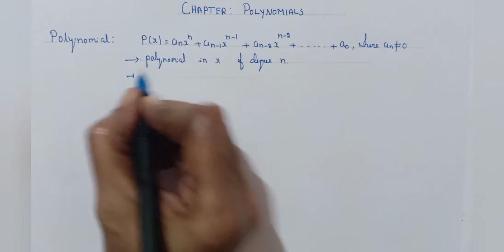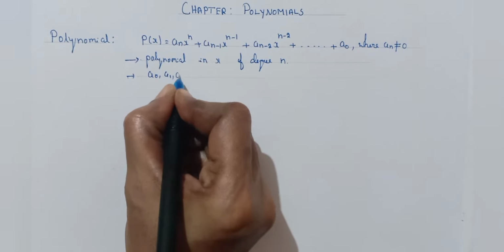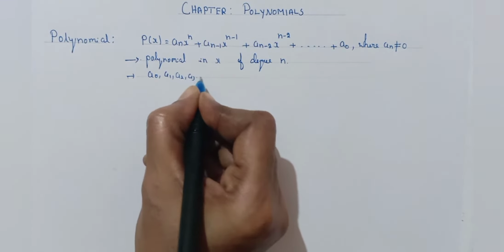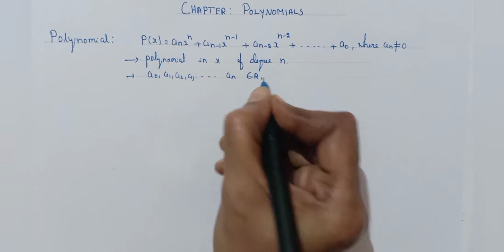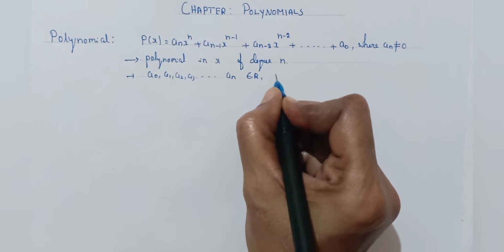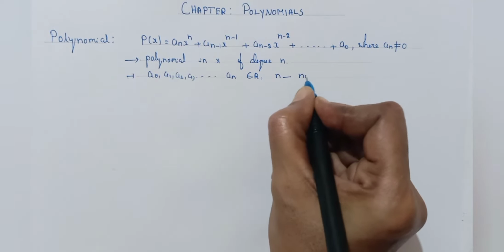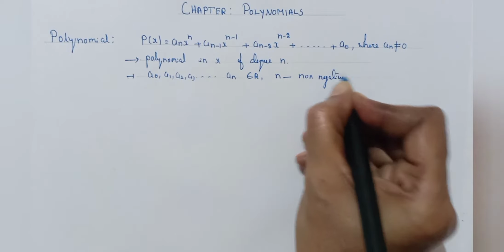Here a0, a1, a2, a3, ..., a_n are real numbers and n is a non-negative integer.